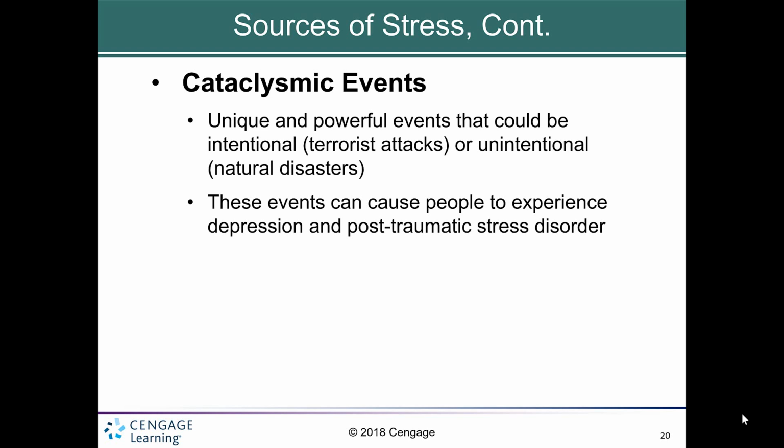Well, this month marks the 18th anniversary of 9/11, which is a really good example of a cataclysmic event. Many people still suffer from depression, PTSD, and chronic disease as a result of that tragic day, but others have huge social support networks to help them cope.